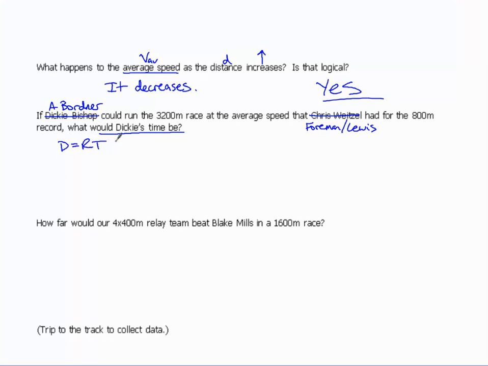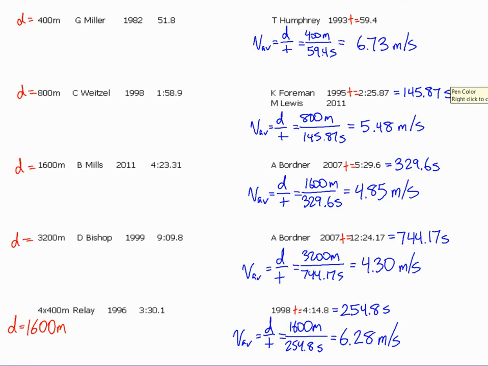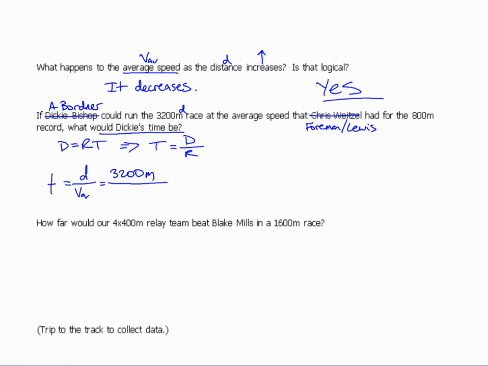So look at our formula, rearranging it for time. Time equals distance divided by the rate. Or in physics terms, time equals distance over the average velocity. The distance, 3,200 meters, and the average velocity for the women's 800, 5.48 meters per second.